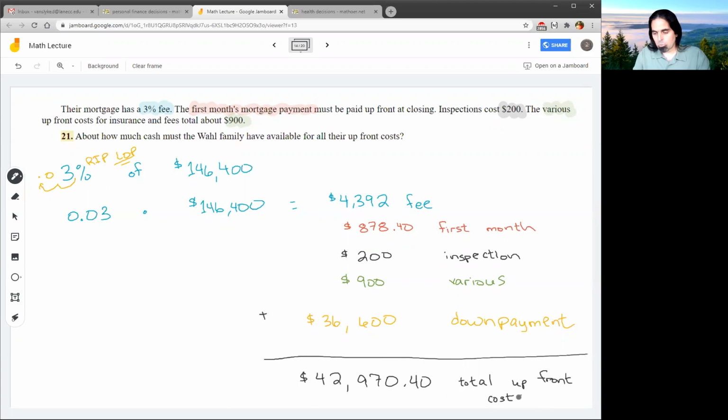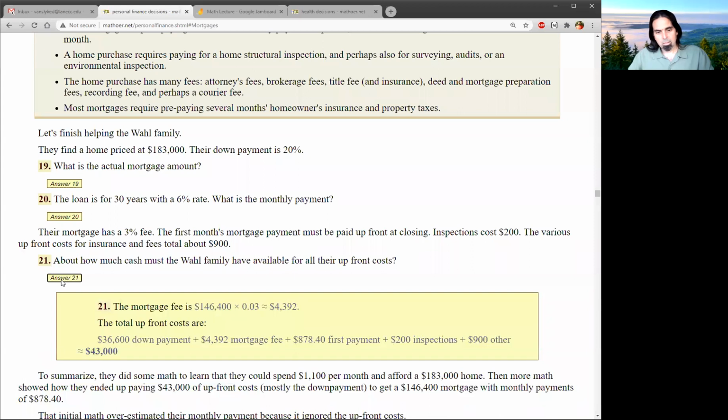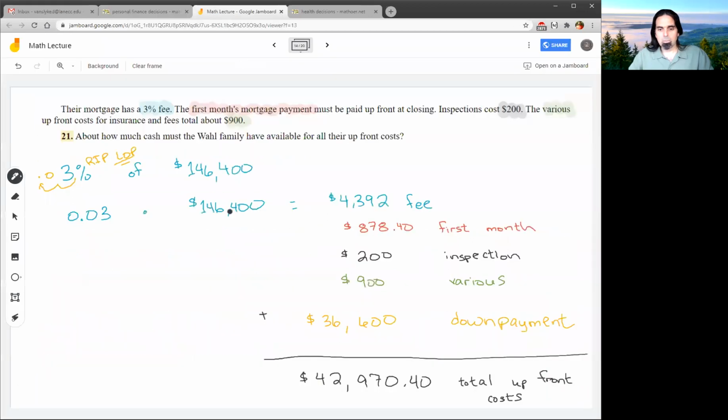Other people get that too. Yep, the answer key here was the same.